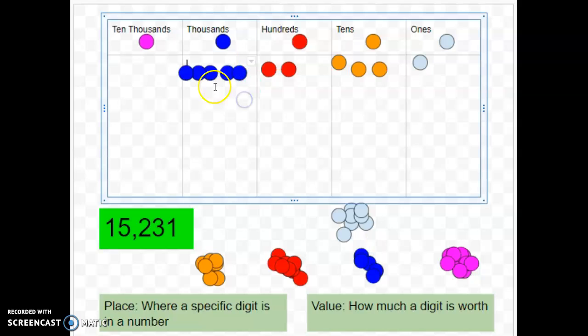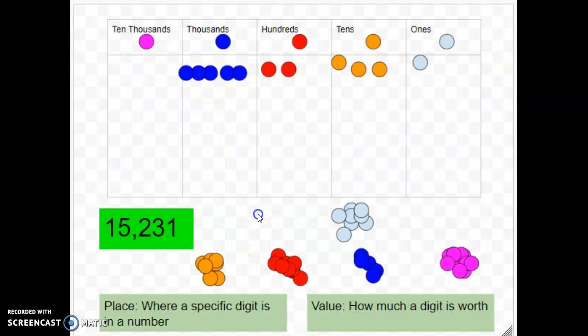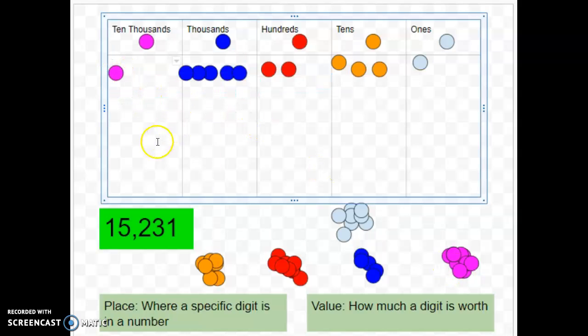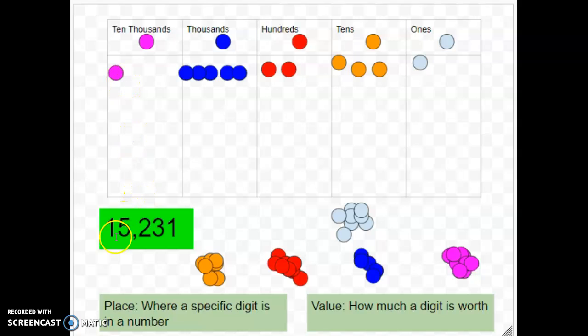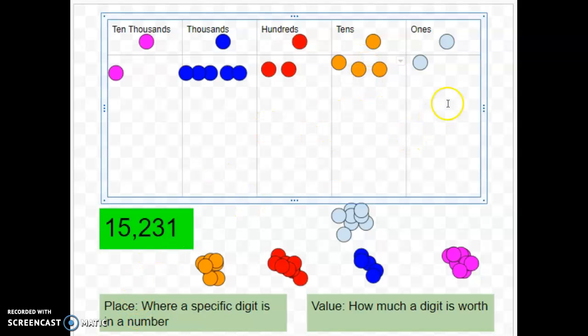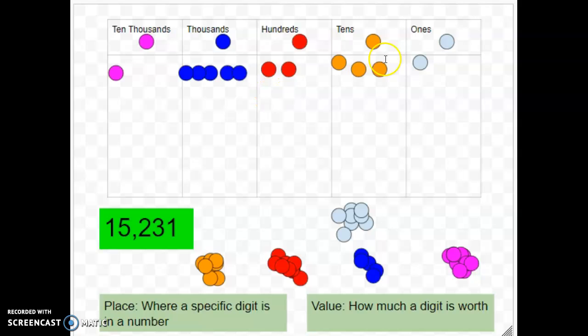And when I use place value charts, I like to do it in groups of 5. It mirrors what we learned in younger grades with the 10 frames, which is 5 and 5. So back to this, we have 10, so we have 1 ten thousand. Okay, so let's review. We have 1 ten thousand, 5 thousands, 2 hundreds, 3 tens, and 1 one.